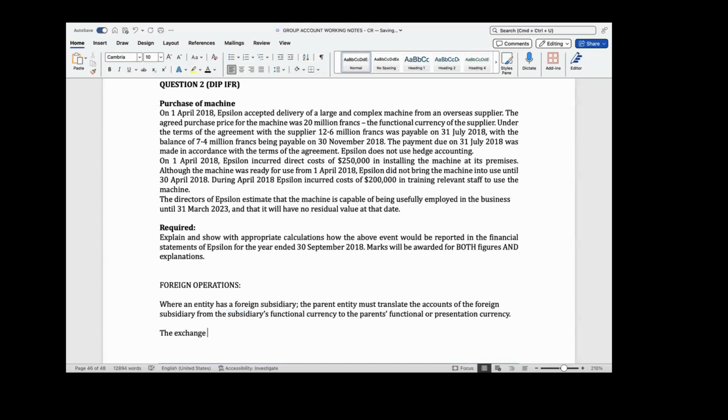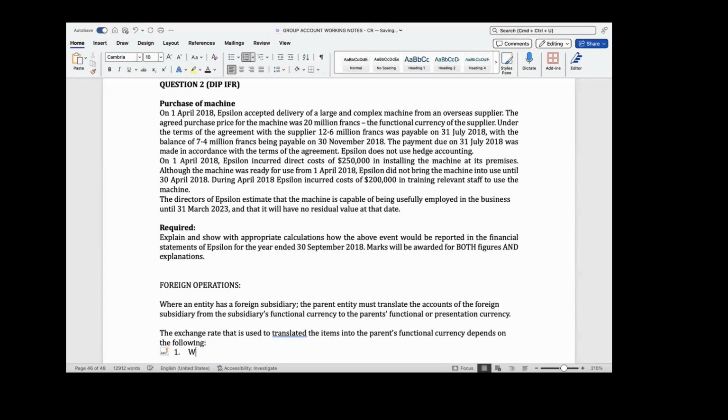The exchange rate that is used to translate the items into the parent's functional currency depends on the following.